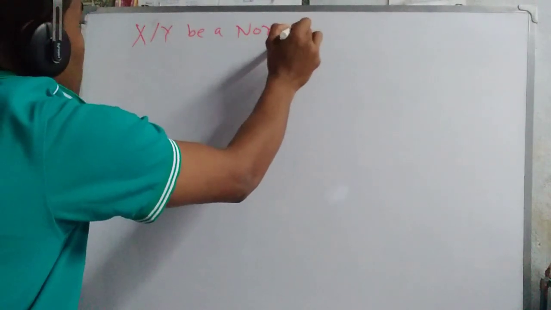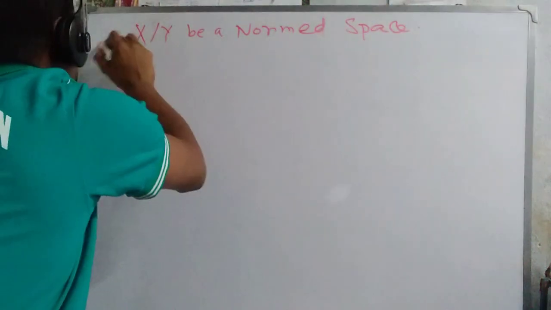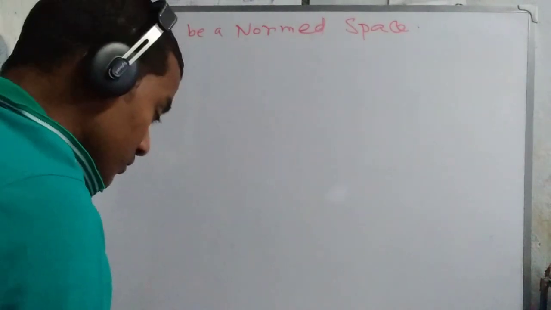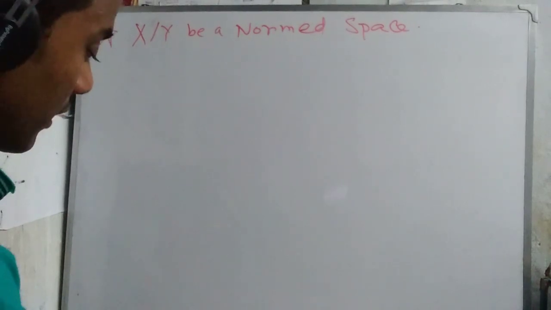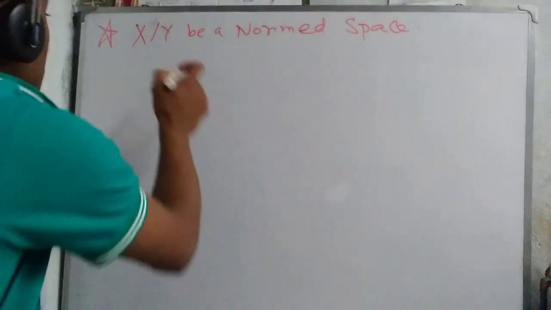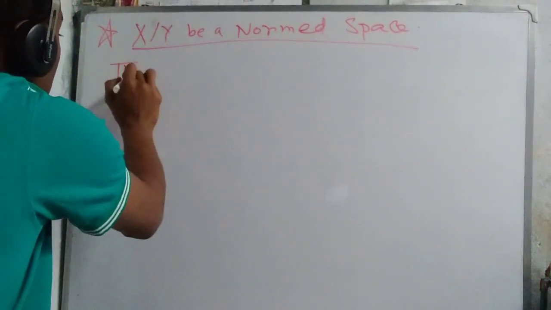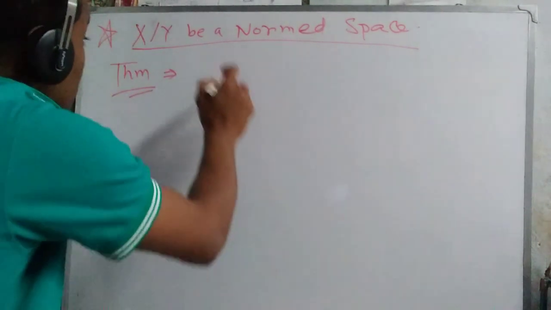We have to prove that. We know that X quotient Y is a vector space. We also did it. Now how does X quotient Y become a normed space? We talk about it in a theorem manner, as a pattern. So we write this theorem here.